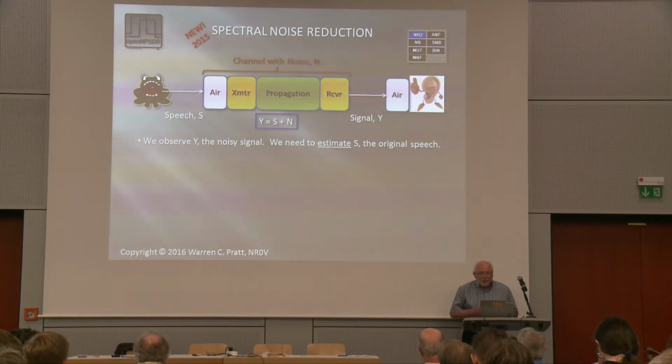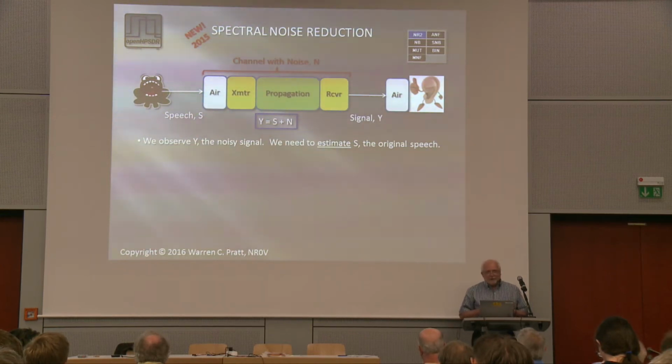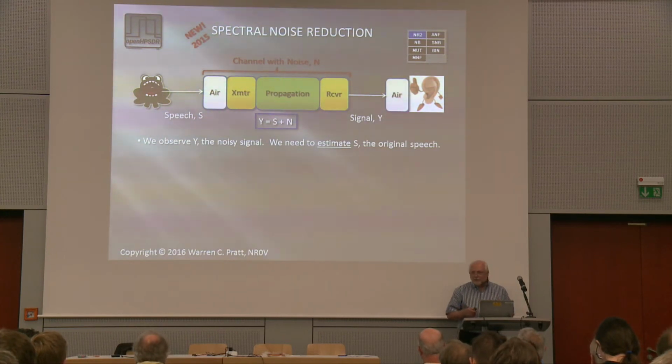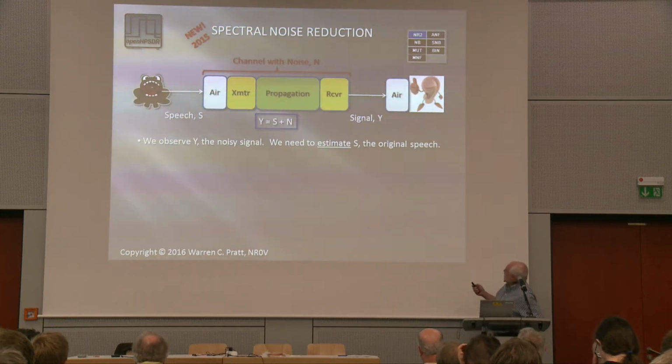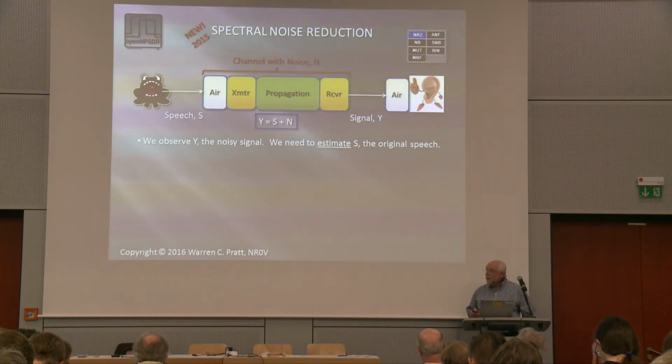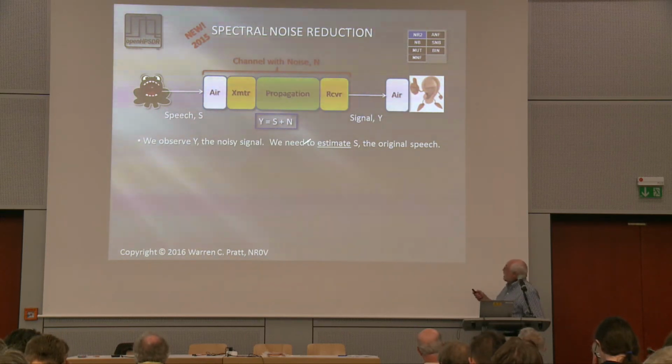Now, what happens, though, in this process, probably mostly in the propagation portion, is that some random noise, N, is added to the signal. So the observed signal, Y, is equal to the original speech plus some noise, N. We can only observe Y here at the receiver. Our job is to estimate S, the original speech.